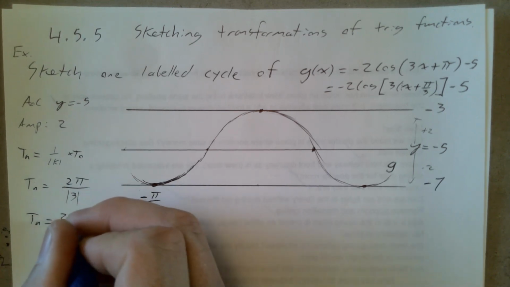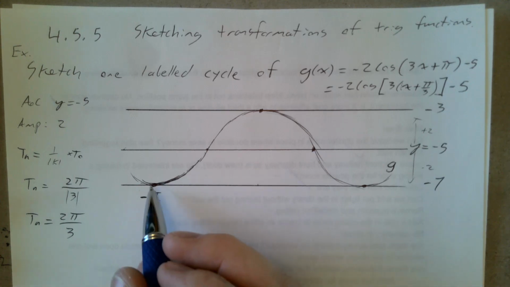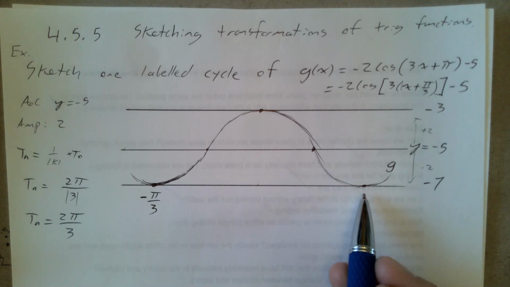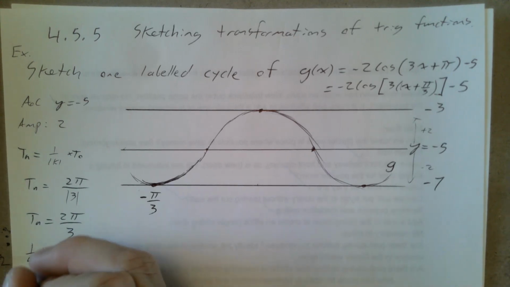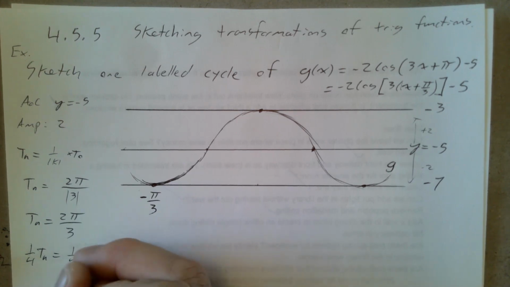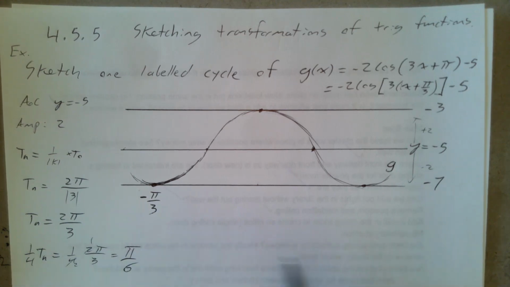I just did, I guess, but I didn't need to. So a full period of 2 pi by 3 would bring me to pi by 3 over here, I suppose. Let's go ahead and get our quarter period so we can label all of our key points. 1/4 of 2/3 of pi, let's make our numbers smaller before they get larger, is going to be pi by 6.